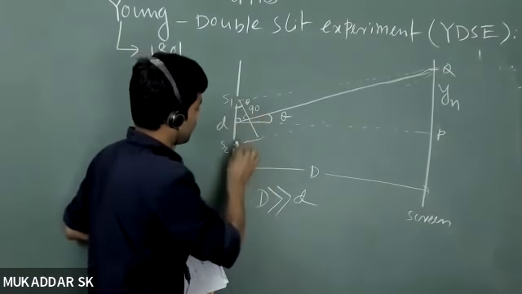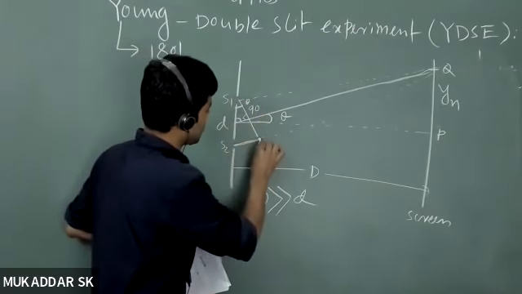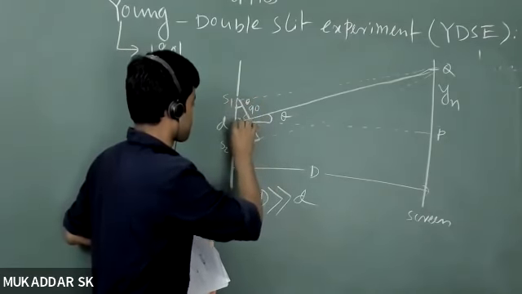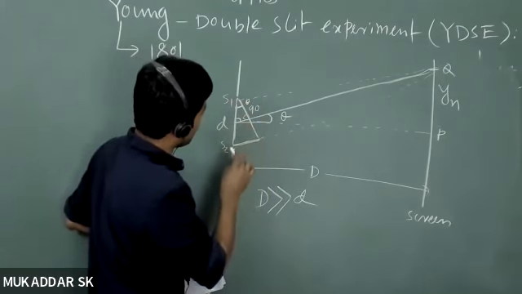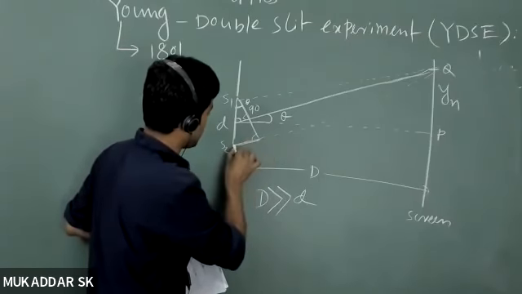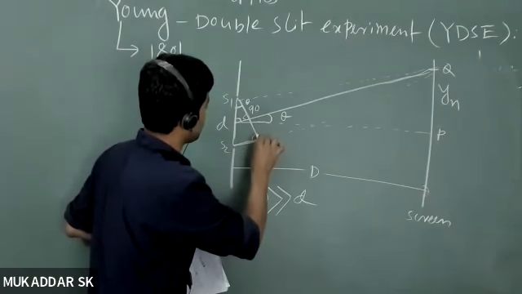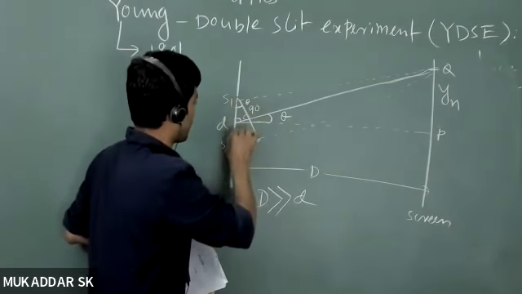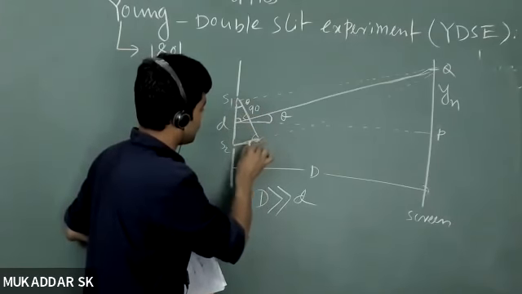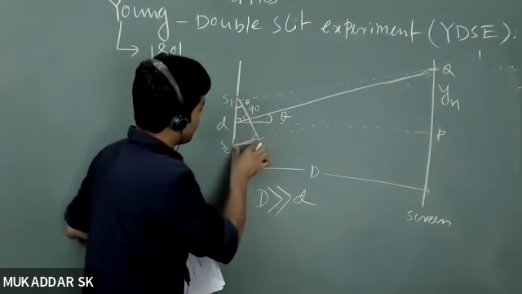Now, if you assume this triangle, this will be your perpendicular, this will be your base, and this will be your hypotenuse. So you can find this length.